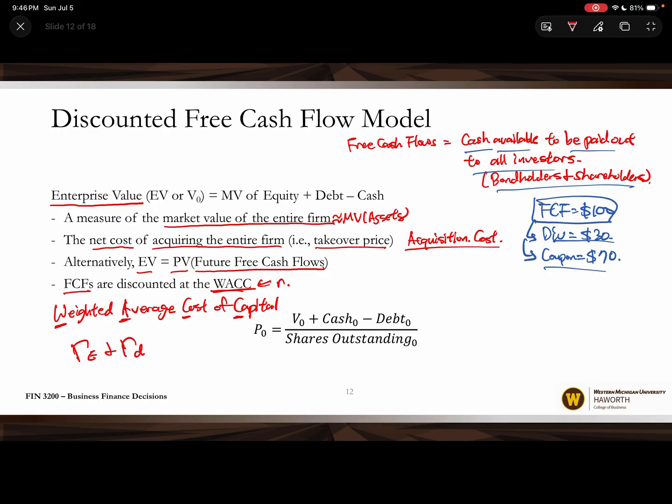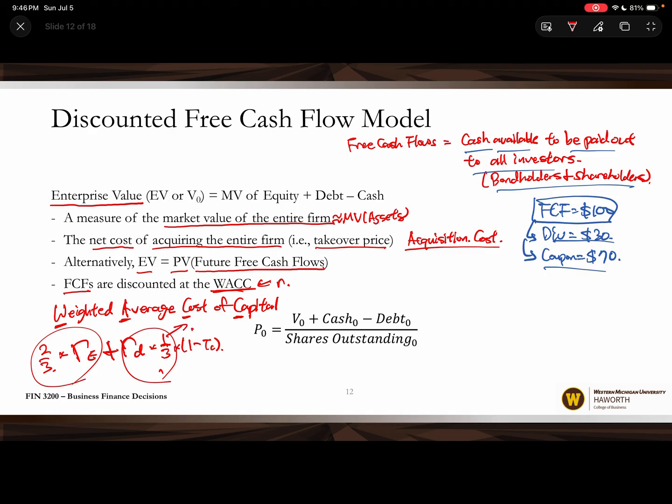If the firm is 100% equity financed, the weighted average is just RE, but a lot of times that's not the case. So we take the weighted average. Maybe 2/3 of the firm is equity financed, and maybe 1/3 is debt financed, and there will be something called the interest tax shield component, which we'll get to. But we're taking the weighted average cost of capital.